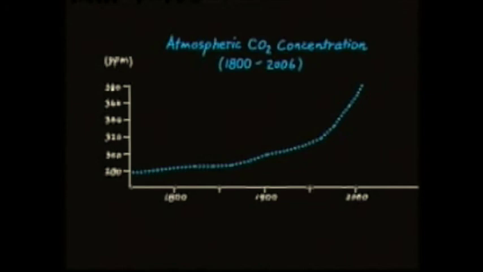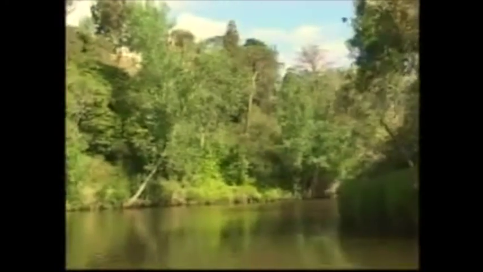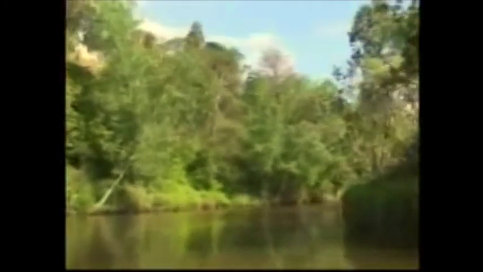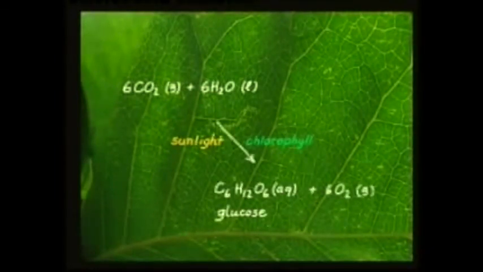We need to look at what affects atmospheric carbon dioxide levels. Green plants absorb carbon dioxide from the air. Their leaves, nature's solar panels, combine carbon dioxide and water using the sun's energy to produce glucose molecules. This process is called photosynthesis.